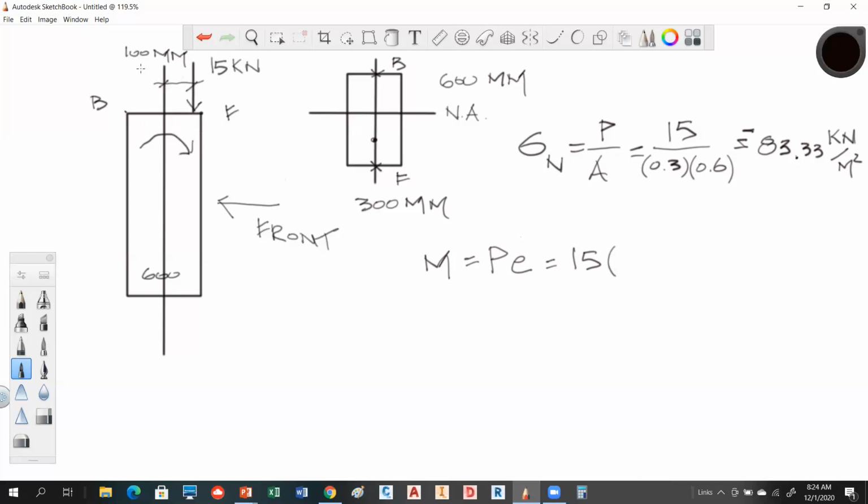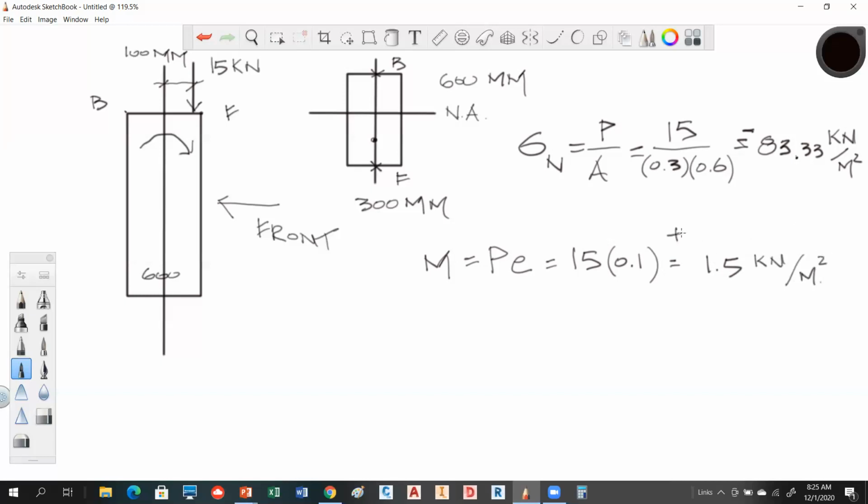So that's 100 millimeters, which would be 0.1 meters. Converting it to meters, right? 0.1 times 15 gives us what? 1.5. 1.5 kilonewton meters squared, right? Which we could also call pascals.